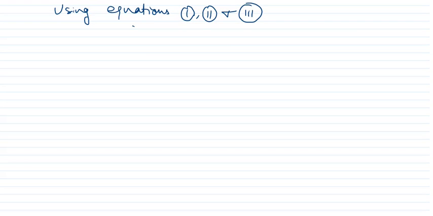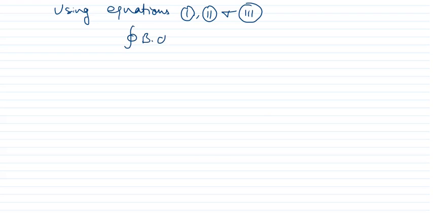Now equation number 3 is the right hand side, equation number 2 is the left hand side, and equation number 1 is Ampere's circuital law. So using equations 1, 2 and 3. What was equation 1?